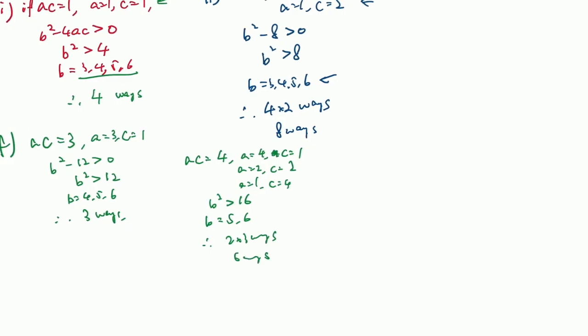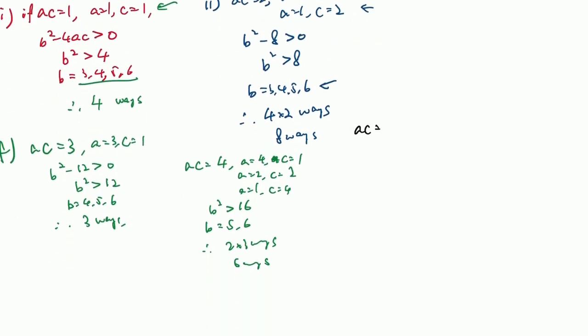If AC is, what's the next possibility? 5, A is 5, C is 1, or A is 1, C is 5, and B squared has to be bigger than 4 times 5, which is 20, so B could be 5 or 6, so 4 ways, because 2 times 2.